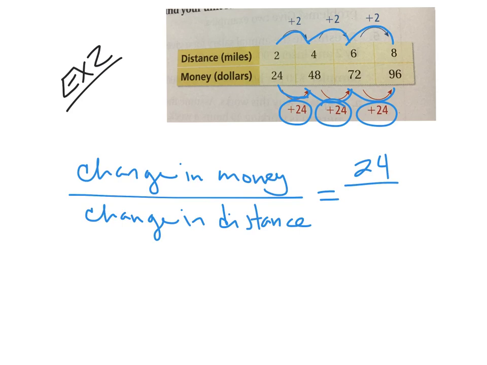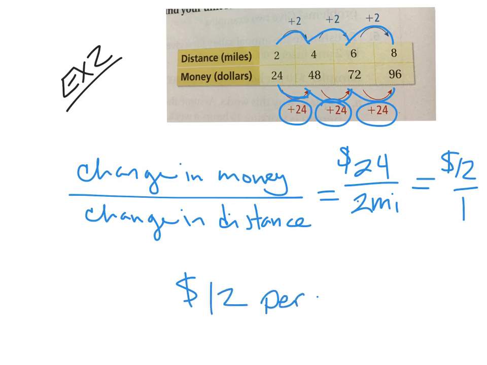Each time we measured the distance, how much? 2. So this is $24 over 2 miles. How do I change this to a unit rate? You have to simplify. Simplify 24 over 2, which is 12 over 1. So I am making $12 per mile.